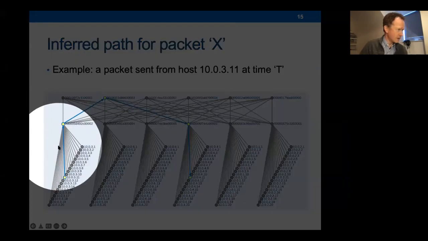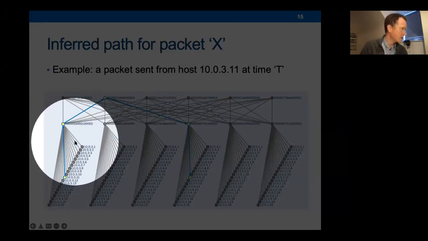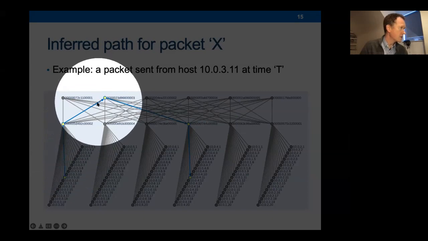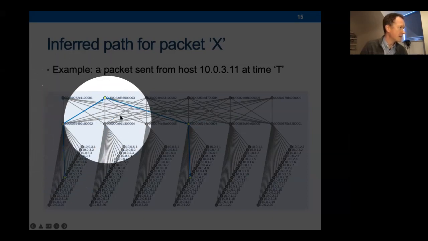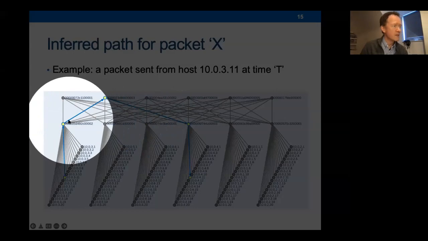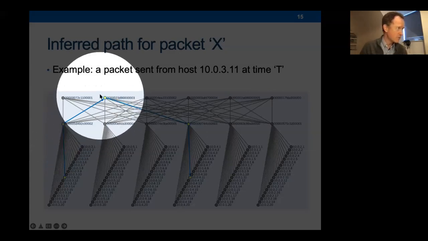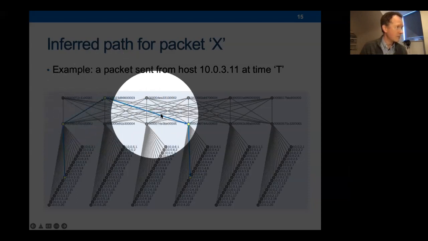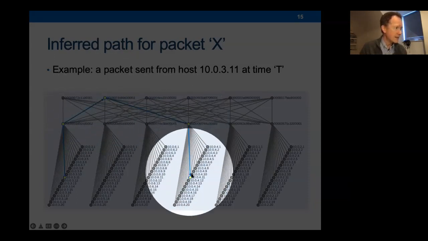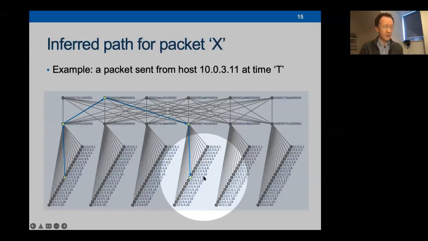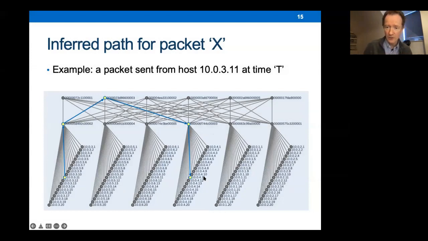I was just looking for my spotlight there. Going to this switch, which is the switch that host is connected to. Traveling to another switch. Now, there are a few paths that the packet could have taken, but based on the flow rules that were configured on this switch at the point in time that the query is relating to, the packet will be forwarded along this path and get to this destination host, 10.0.4.11, which I think was the actual intended destination.